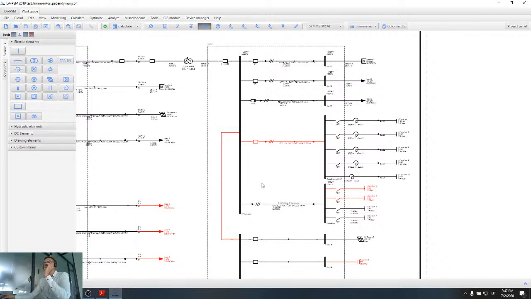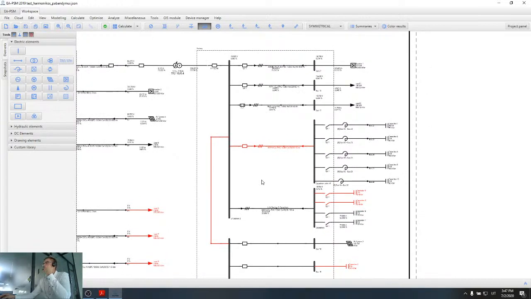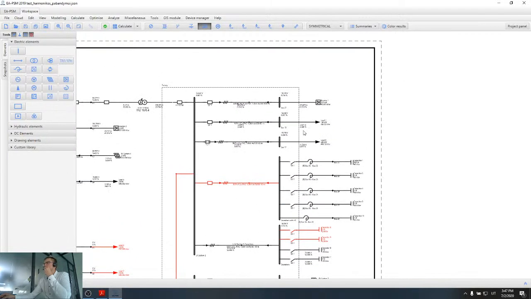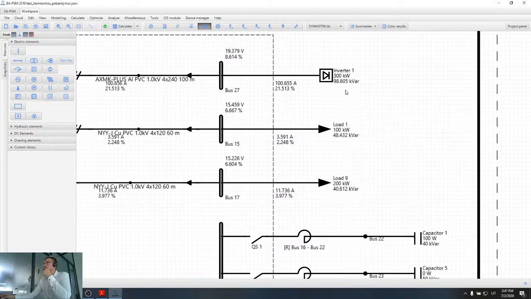I saw that there are people asking questions about how we calculate the harmonics, how we provide data regarding the harmonic currents. So let me open the inverter for you. In our software, the user is capable of specifying a nonlinear load in this way.